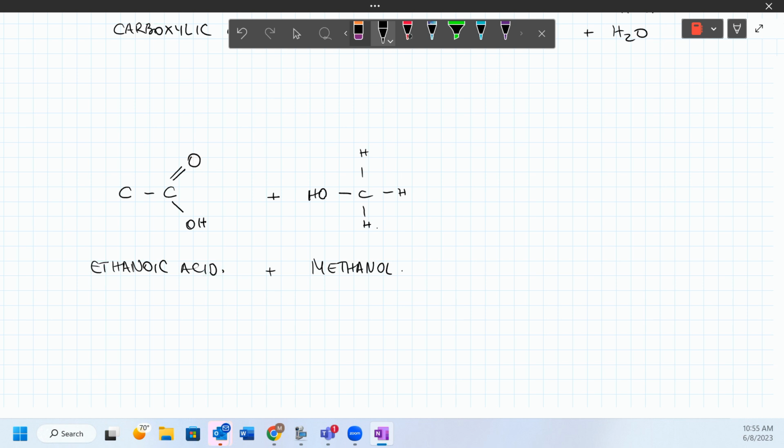So this hydrogen is kind of pushing over, combined with the OH. And as a result of this, what we have is HOH, or water.